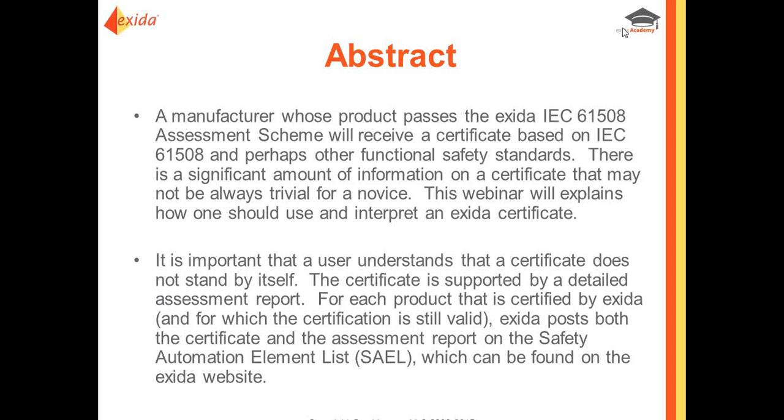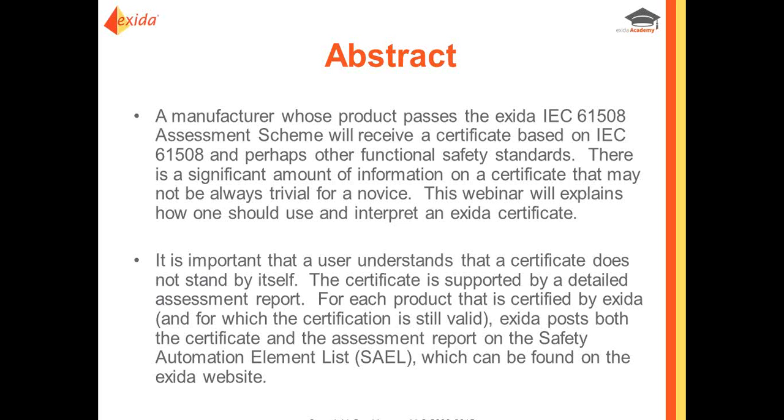Today we're going to talk about the Exida certificate and what it all means. When a manufacturer's product passes the Exida IEC 61508 assessment, it will receive a certificate based on IEC 61508 and perhaps other functional safety standards, whatever they were assessed to.